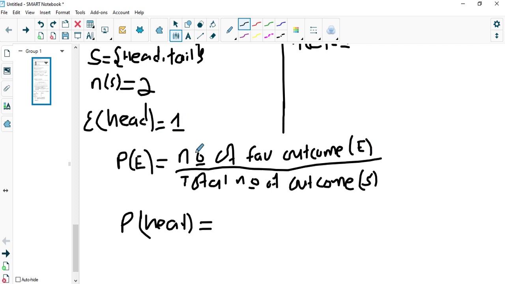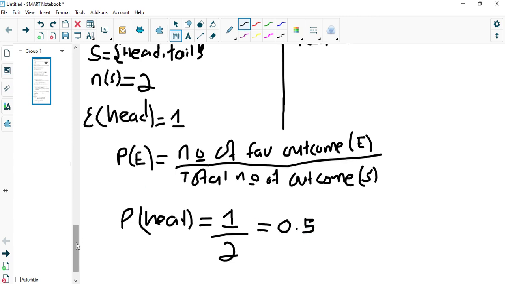So the number of favorable outcomes is 1. Then we divide it by the total number of outcomes in the sample space. Remember here it is 2. So that's the answer. You don't need to put it in decimals like 0.5. It's up to you, either way. So that's how we do it.